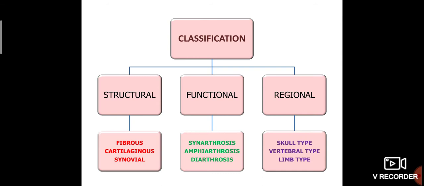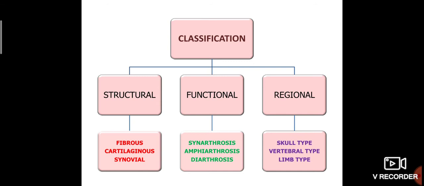We have three types of cartilages: hyaline cartilage, elastic cartilage and fibrocartilage. Hyaline and fibrocartilage can be present in a joint to join two bones, but at any cost, we cannot see an elastic cartilage in a joint.